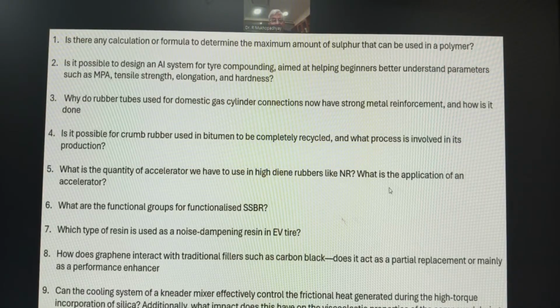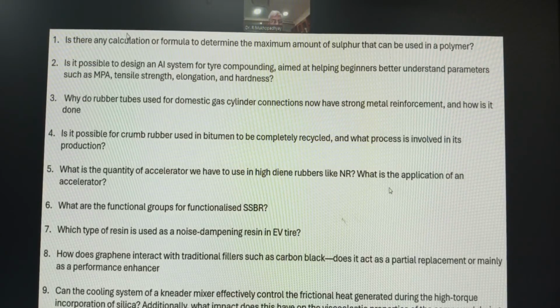That's the reason one has to consider the solubility parameter for the type of polymer you are selecting. First and foremost, sulfur is a curative ingredient for unsaturated polymers. Generally, for saturated polymers you don't use it. Yes, we can use it for a polymer whose main chain is saturated and side chain unsaturated. We can use sulfur. But in those cases also, since the amount of unsaturation is less, automatically sulfur is reduced and the accelerator has to be increased. These are the thumb rules. I hope it is clear.